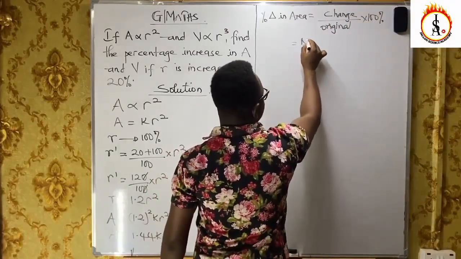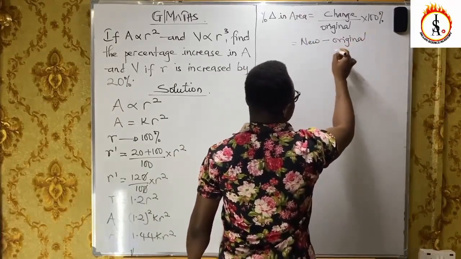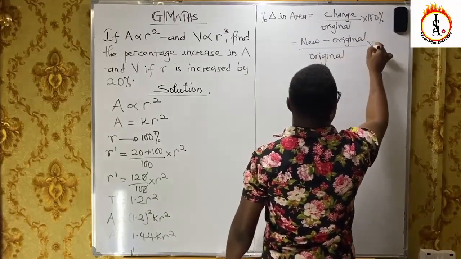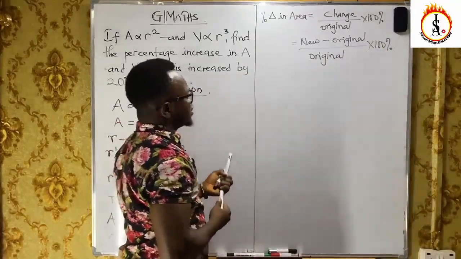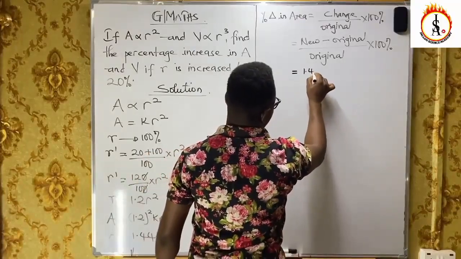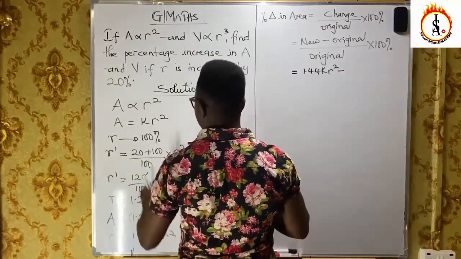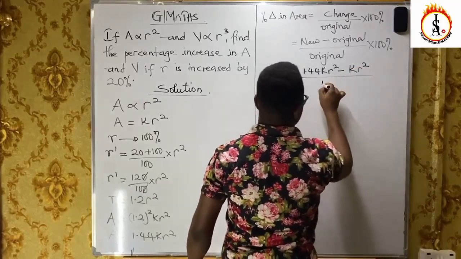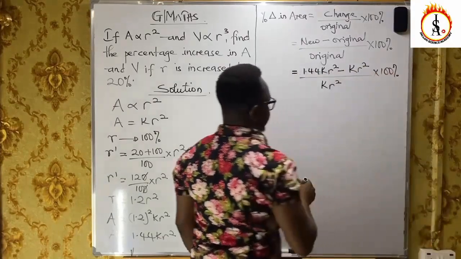So the change is new minus original over the original multiplied by 100%. So this implies the new we have is 1.44 KR squared minus the original we had, which is KR squared, over the original KR squared multiplied by 100%.